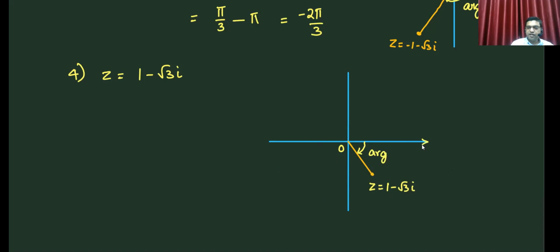Argument is always taken with respect to the positive real axis. Always measure it that way. Now because we are measuring clockwise, your argument has to be negative. So minus pi by 3. Yes, minus pi by 3. Very good. Modulus remains the same.